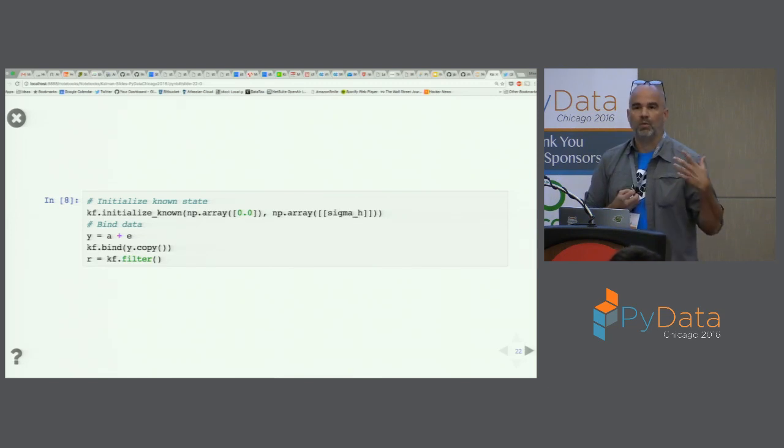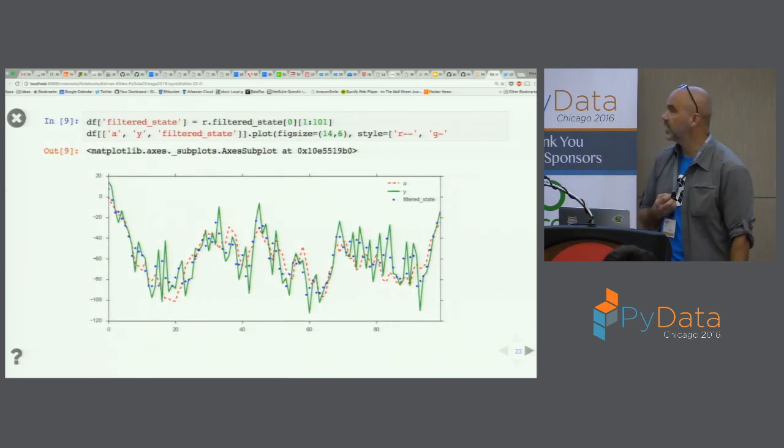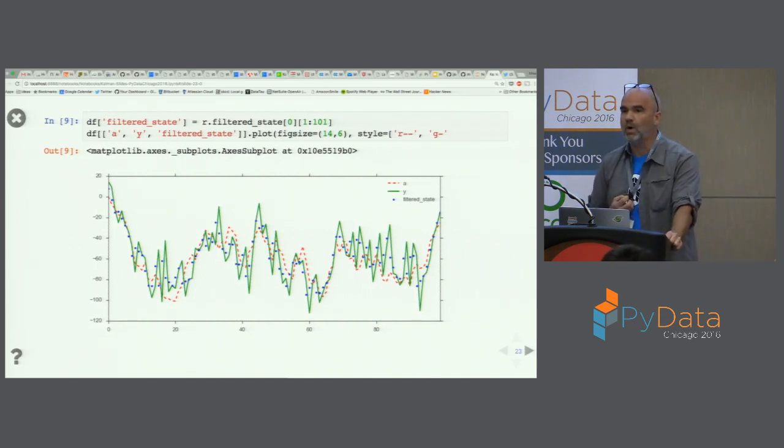And then I'm going to bind the observations y to the Kalman filter, and then run the filter forward. And what you end up with is something like this. Is that large enough for people to see? So y is the set of observations, and the red dashed lines are the actual states, which in normal cases we don't know, and the blue dots are the filtered state.